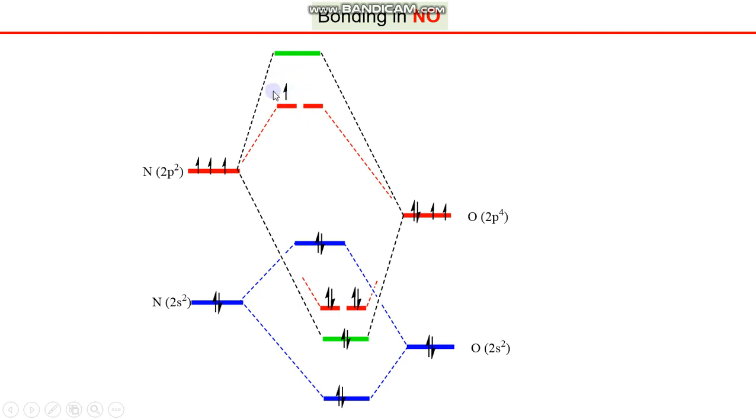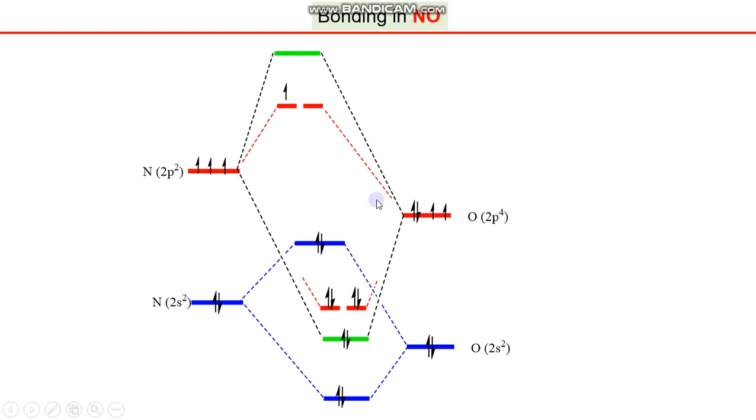So this is the electron which is unpaired, and whenever a species possesses an unpaired electron, that species is called a free radical, not a compound. So nitrosyl is a free stable radical, not a compound, on the basis of this unpaired electron.